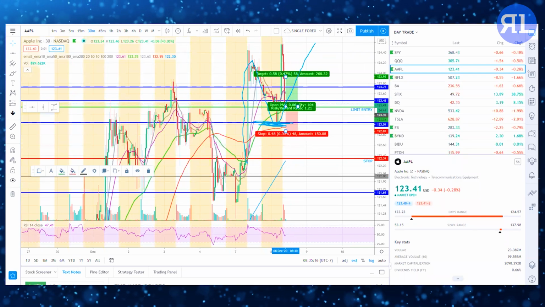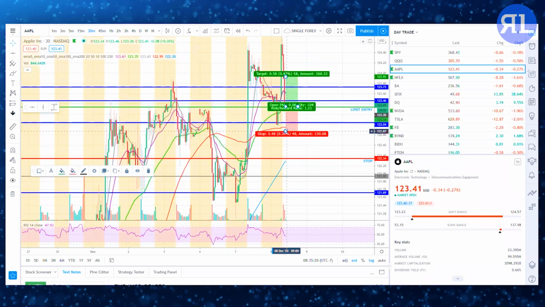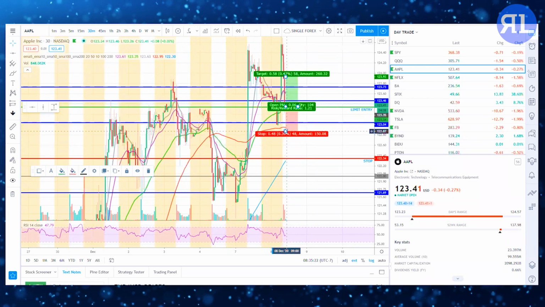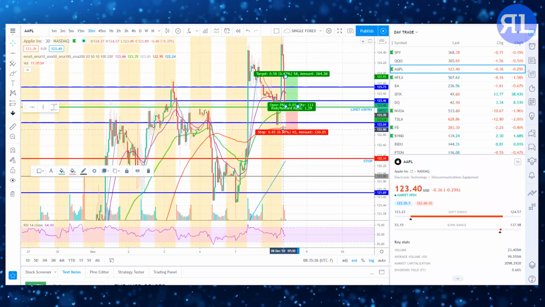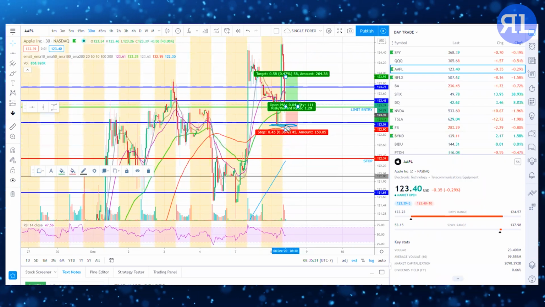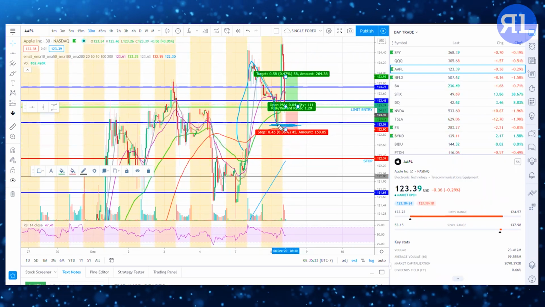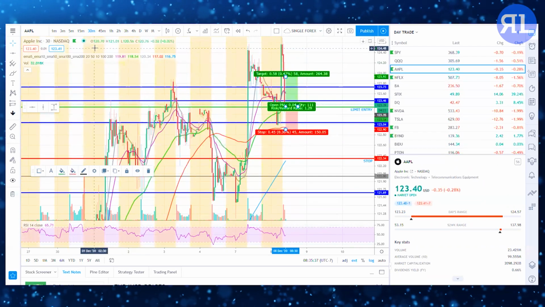So where does our stop go? Our stop goes where we're wrong, where we're no longer going to go higher. We want this trade to go higher, so our stop needs to be below this area right there, because this is our higher low. If it's broken, then the bull move that we were trying to catch a piece of is not happening anymore. So that's where your stop goes.